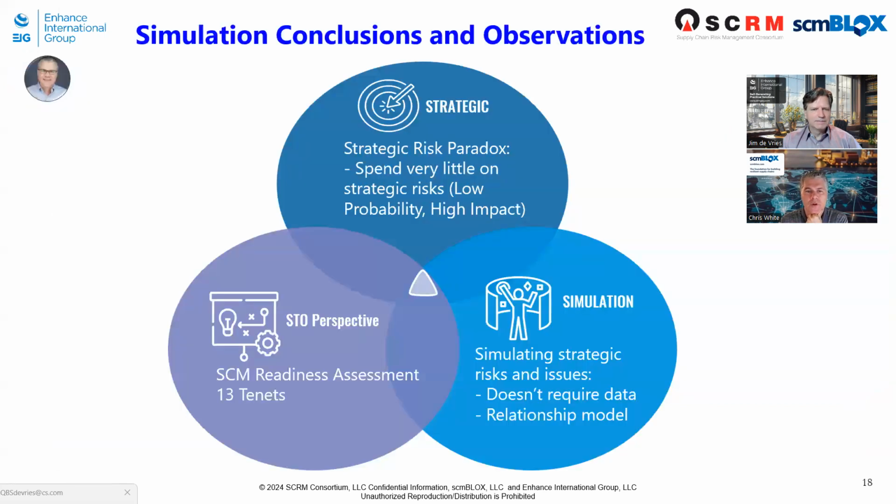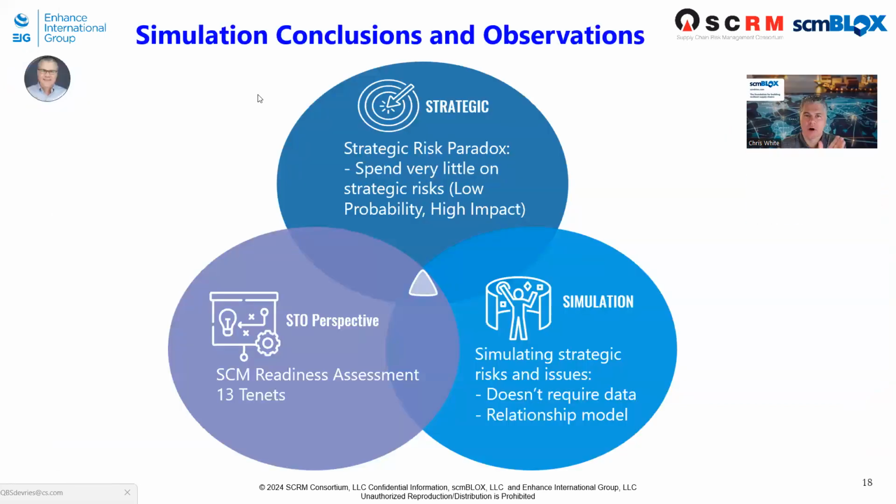Chris? Sure. If you've seen some of the previous webinars, a lot of this will move through rather quickly, but this is the way we set it up. We're in this kind of nexus of this Venn diagram, this center spot where we're taking a strategic perspective. We're appreciating this strategic risk paradox where these big issues and risks can have a huge impact, up to 86% impact on all finances for a company.